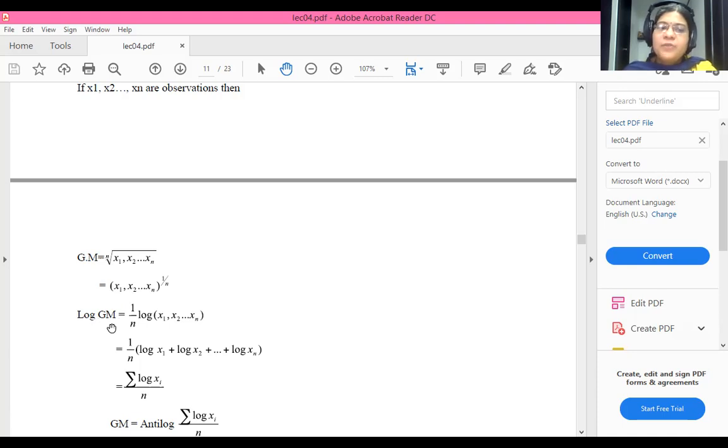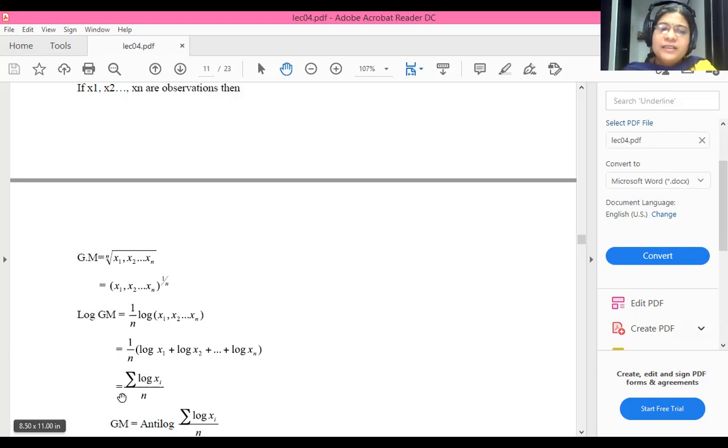The log of geometric mean is equal to 1 upon n log of x1, x2, xn, that is equal to 1 upon n into log of x1 plus log of x2 plus log of xn. If the log is to the base 10, then you don't have to mention it; log is considered as log to the base 10.